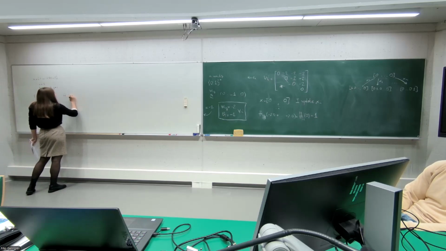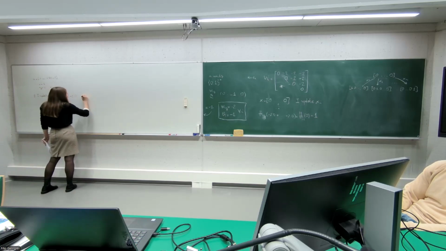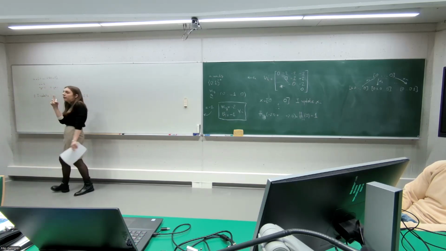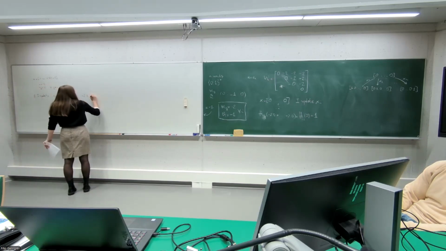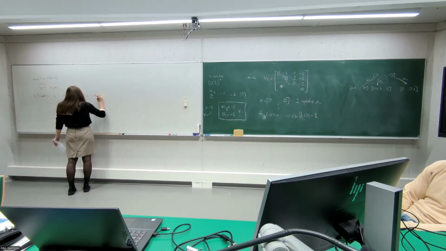All zeros, minus 2 times 0 many times, but then I have minus 2 times 1 for one coordinate, because I have x_i that is equal to 1.